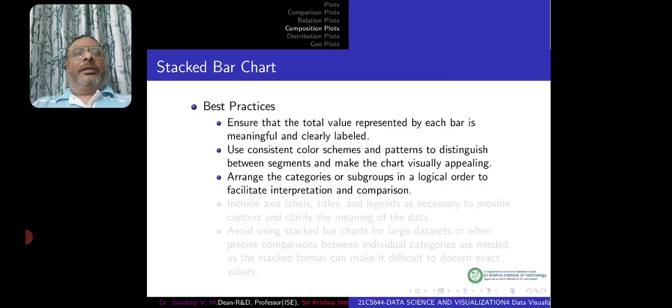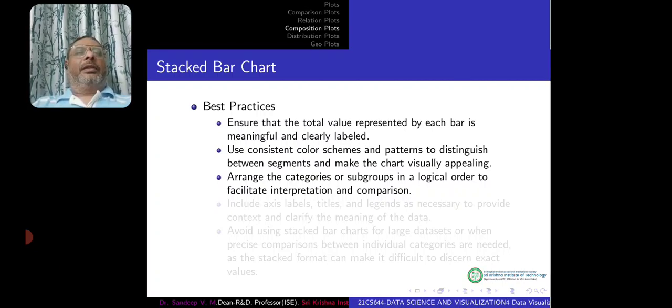Arrange the categories or groups in some logical order to facilitate interpretation and comparison. So if we are showing multiple categories by segments of a bar, then make sure that the position of each segment corresponding to the bar represents the same category of the data.